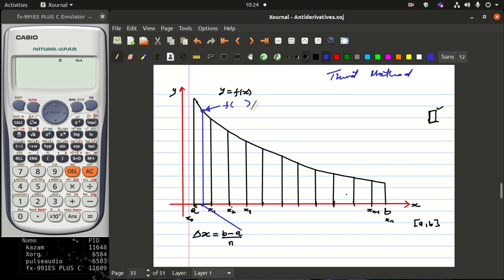Now, when you look into this one here, you will find out that once we pick a point, the height will be on the curve. But when you are picking this point here, you will end up having a height of this type. And if you look at this area, we actually excluded this area.